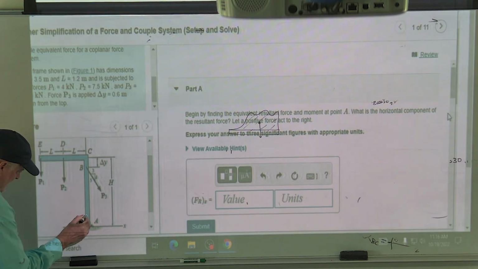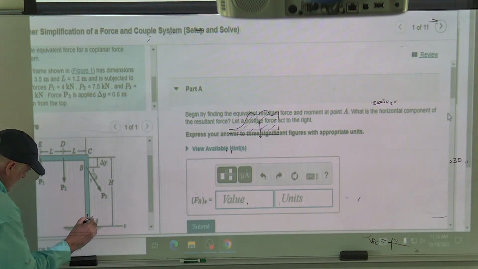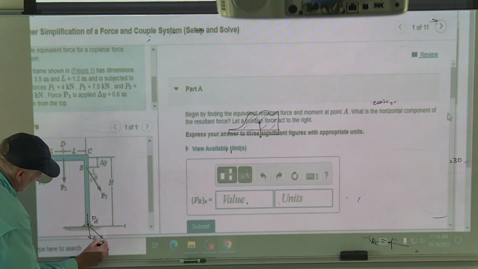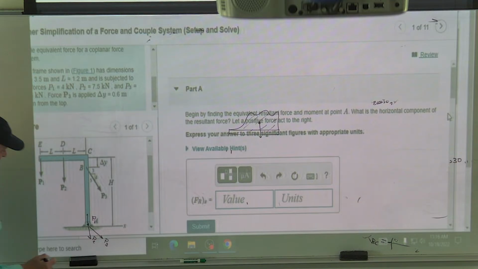So you could say, I'm going to put P1, that other one's P2, and I'm going to put P3 all there and add them together.